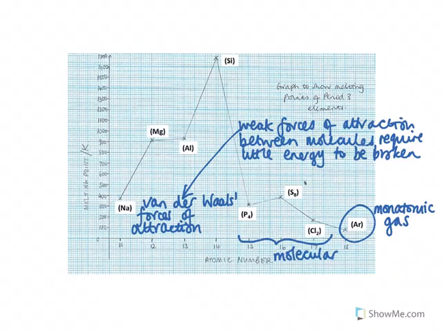So S8 has got bigger molecules than P4, and P4 has got bigger molecules than Cl2, and Cl2 is bigger than Ar.